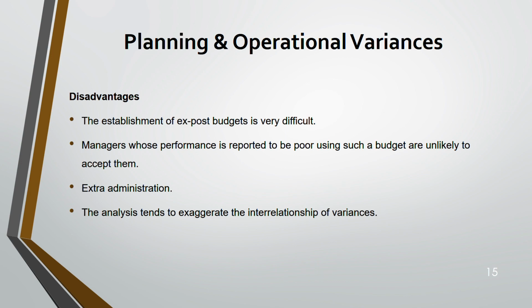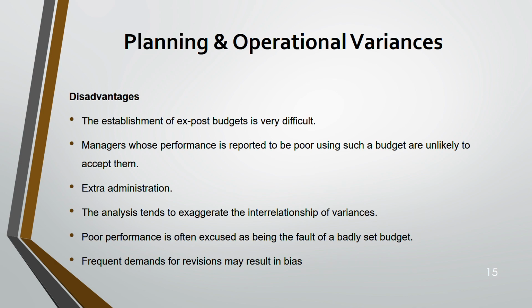They might not be so. And poor performance is often excused as being the fault of a badly set budget. They try to blame that because the budget was badly set, that's why their performance is poor. And if you frequently demand to revise the budget, it can result in bias.